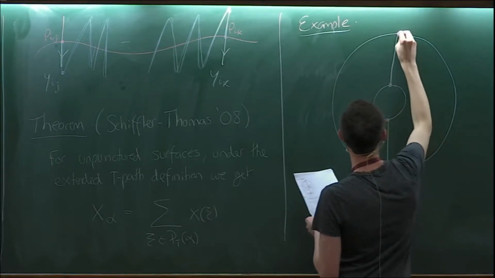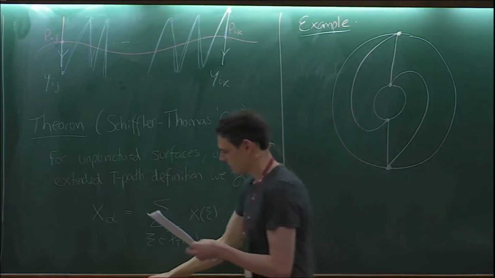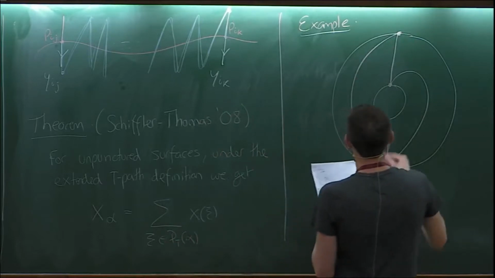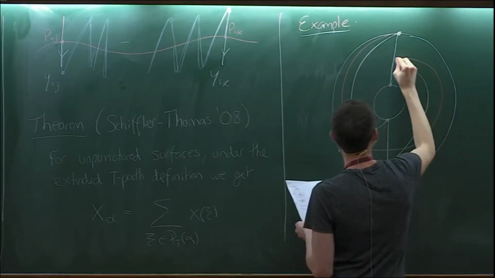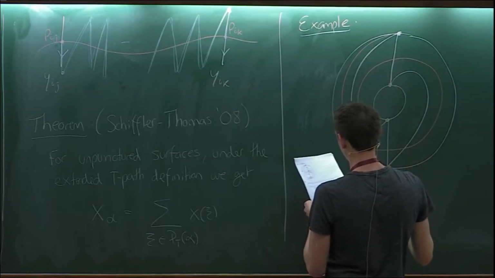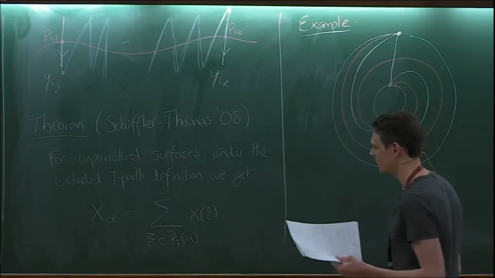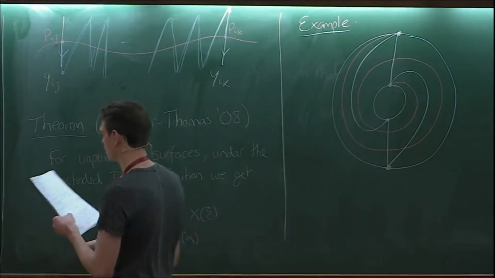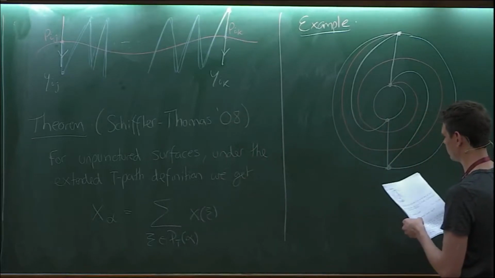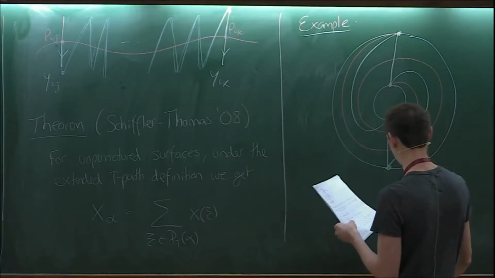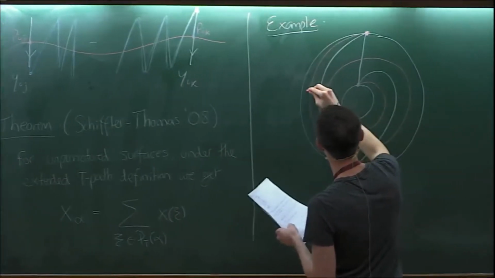Pick a triangulation. Then we'll look at some arc going twice around. And then we want to look at some t-path. Okay. So let's orient this arc like this.